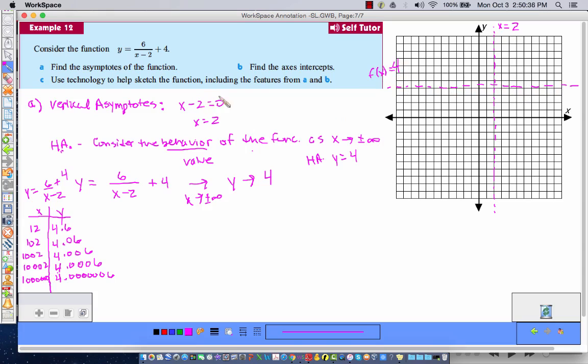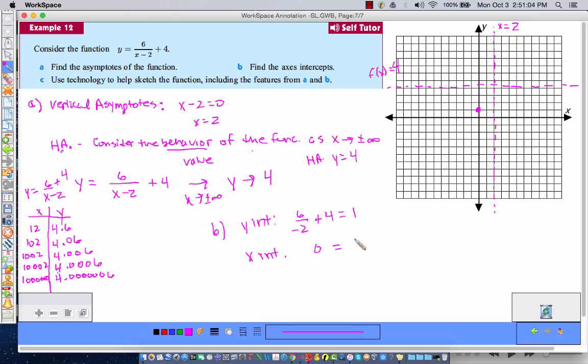Okay, now let's find the axes intercepts. So the y-intercept, let's do that. Let x equal 0, and I'd have 6 over negative 2, since 0 minus 2 is negative 2, plus 4. That's equal to negative 3 plus 4, which is equal to 1. So I got a y-intercept right there. And then my x-intercept is going to be when y equals 0.